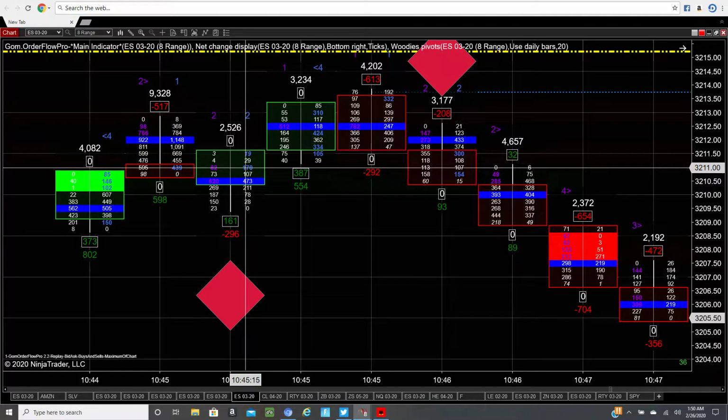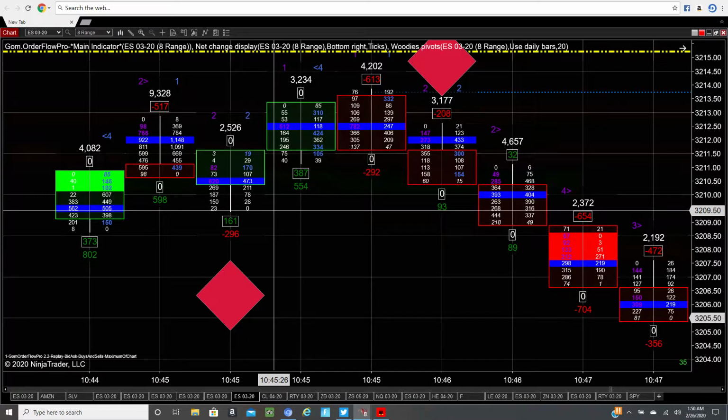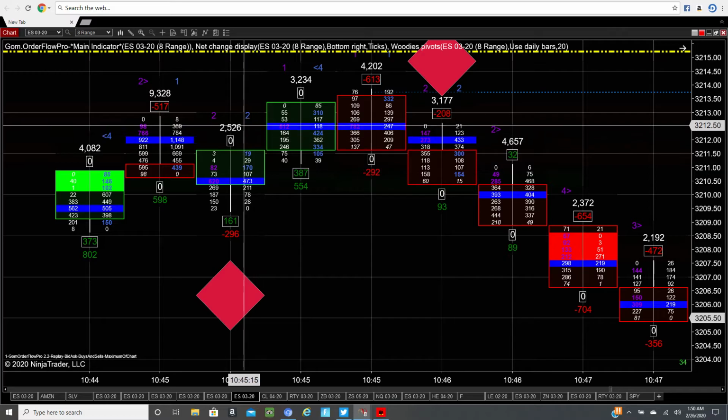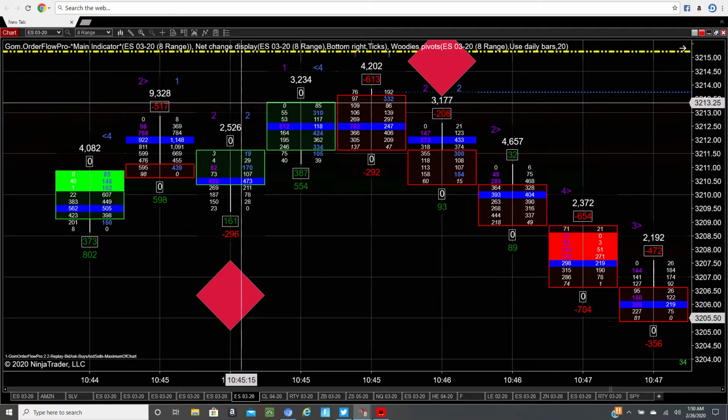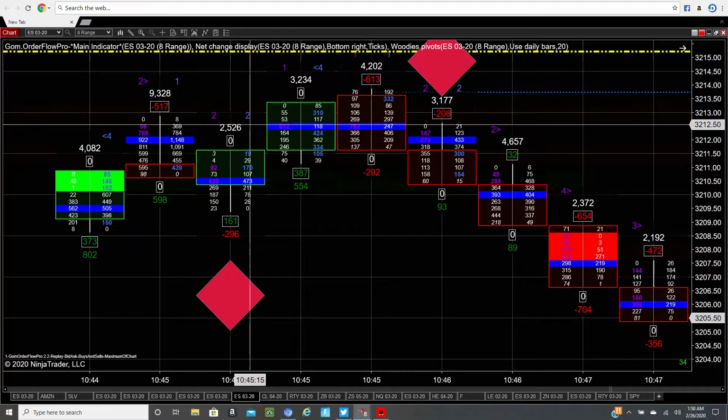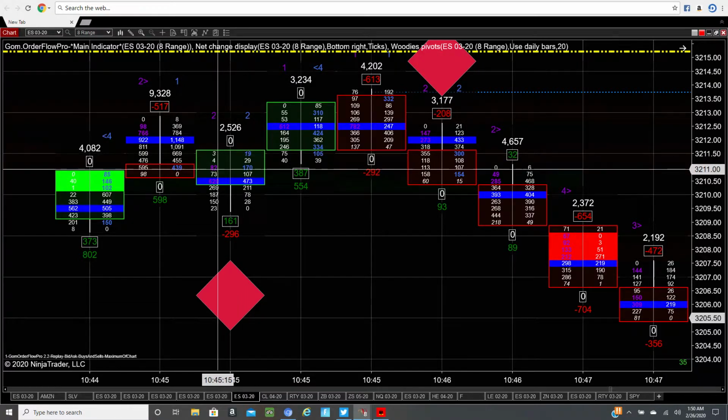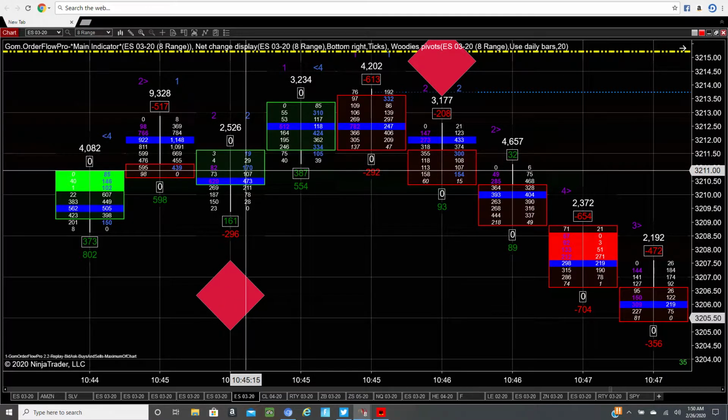Okay, I will say that again because it's very important. More important than the numbers up here is where those order imbalances occur.